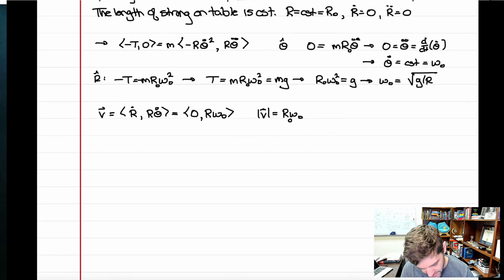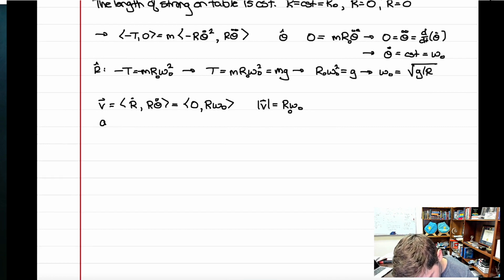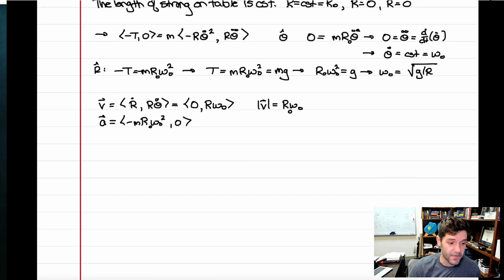The velocity is purely azimuthal, where the acceleration vector we wrote down is purely radial. It looks like it's going to be negative m r omega naught squared, comma 0. The acceleration is purely radial and it's negative, so it points towards the center of the circle.